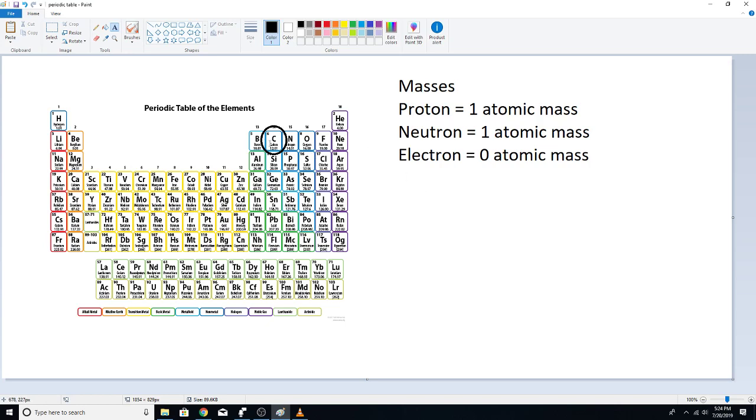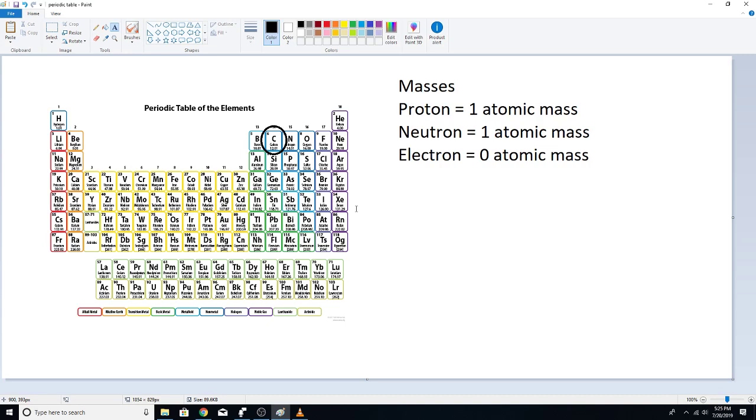So if we have a look at carbon 12, it means that the mass of the carbon atom is 12. Therefore it has 6 protons and 6 neutrons. And we know that the majority of carbon atoms are carbon 12. But we know it goes up because there are other isotopes, other versions of this carbon atom.